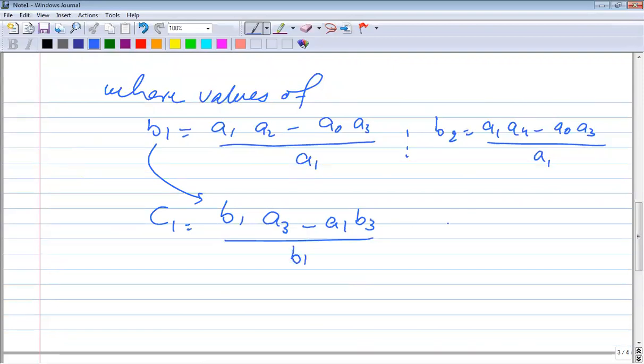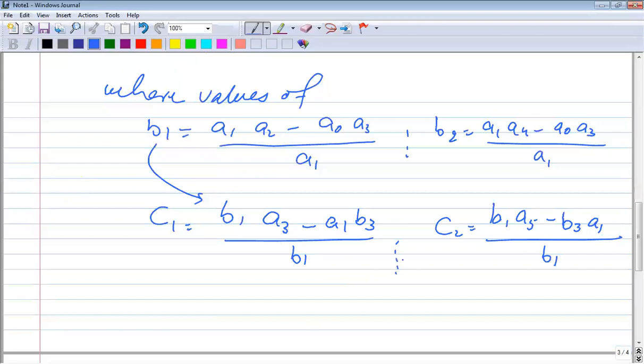Similarly, c2 is equal to b1 a5 minus b3 a1 divided by b1, right? And it goes like this.